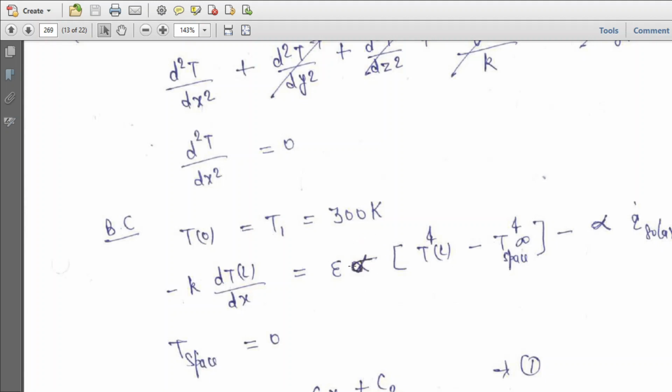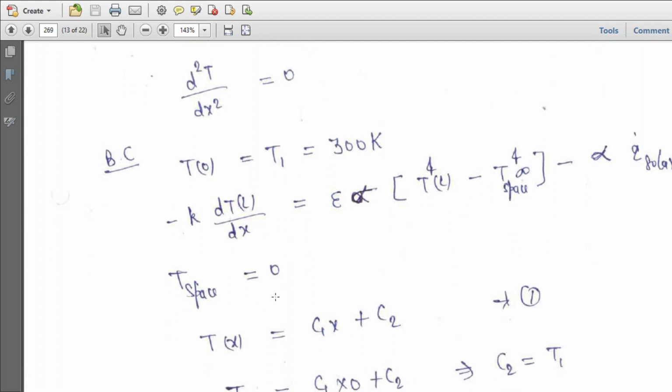So first is the energy coming to the surface, and some component of this is the energy loss from the surface: epsilon sigma (TL⁴ minus T surroundings⁴). This is what you have, the energy is being absorbed from the solar energy, so Q dot solar multiplied by alpha.